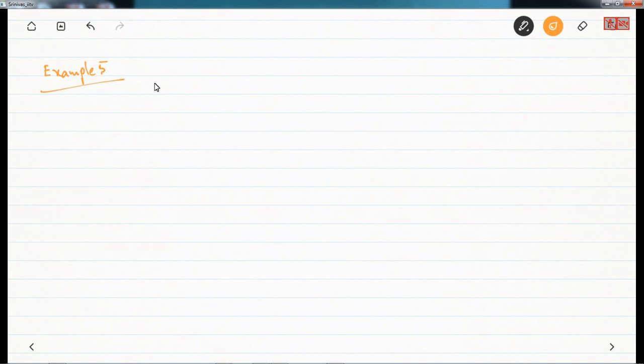In all the previous examples, what we did was, if we are given x of t, then we tried to find its Fourier transform x of j omega. Now we will do the other way.